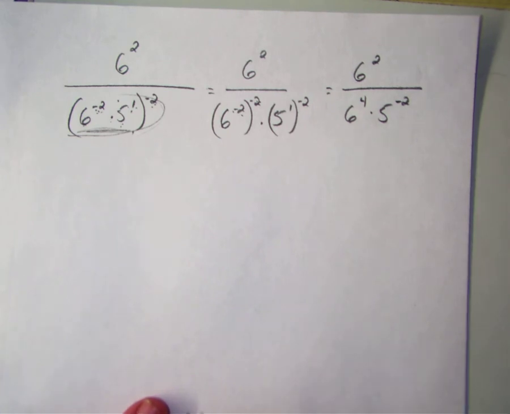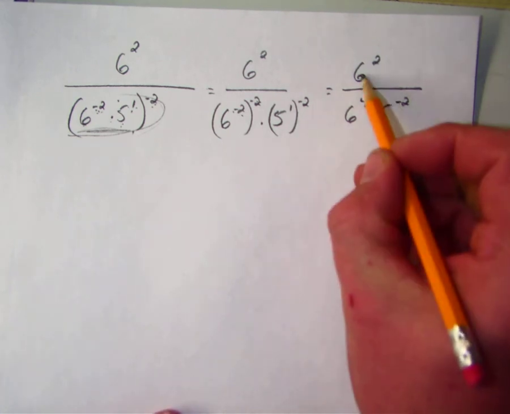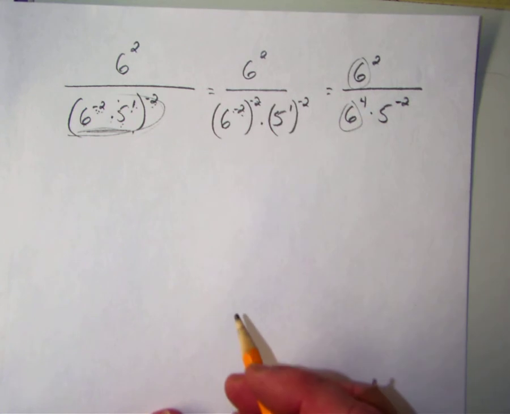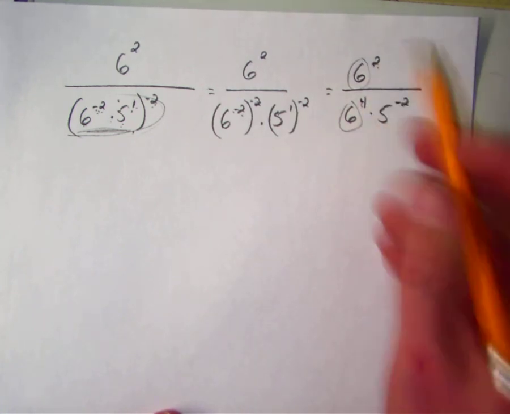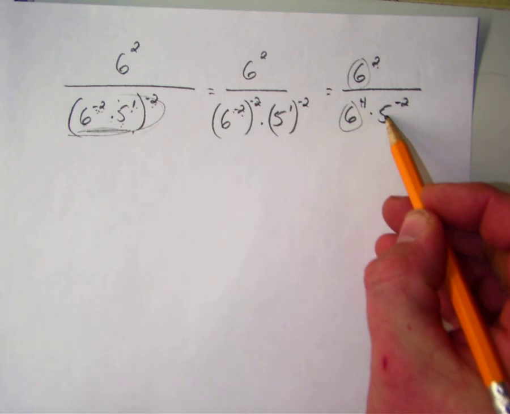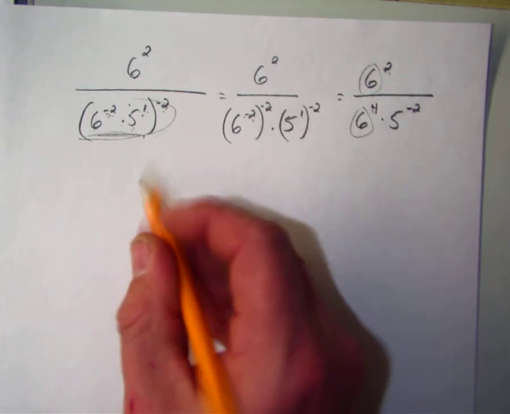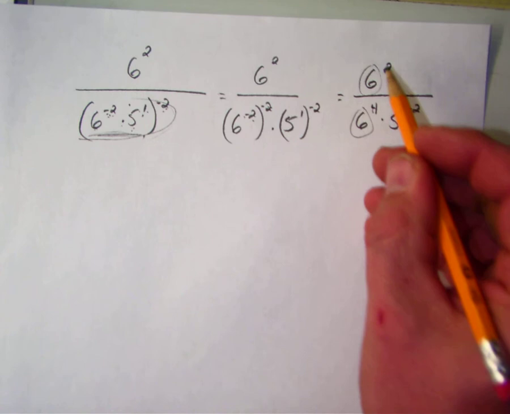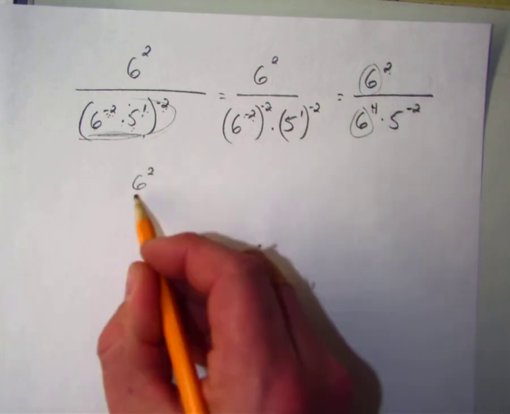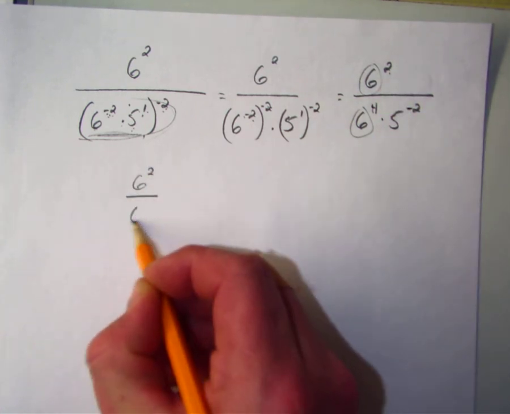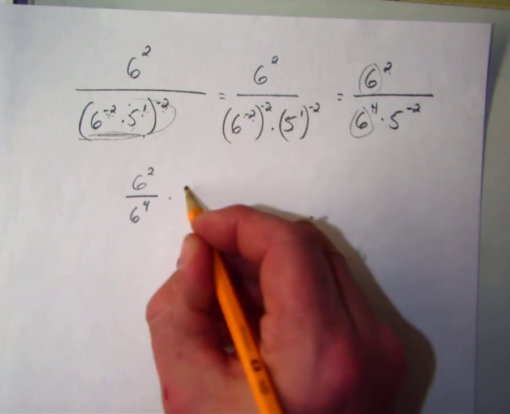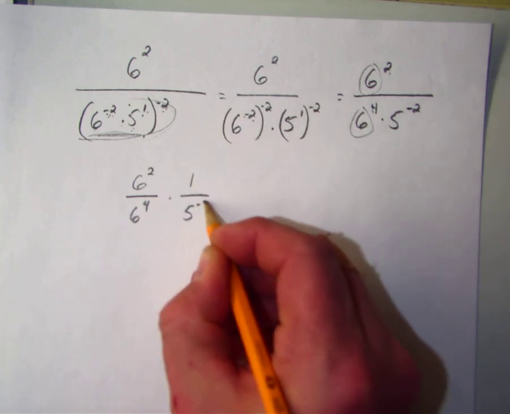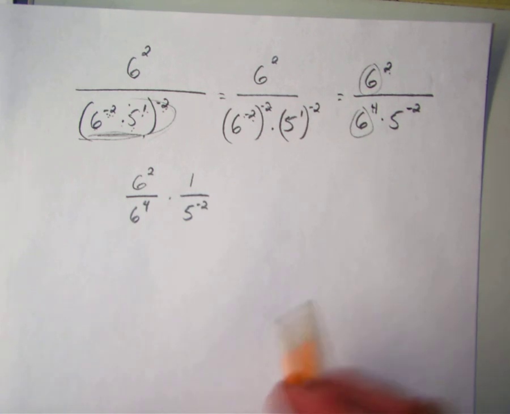Now, is there anything else I can do here? Well, I notice these two have the same bases. I'm dividing, so that means I can subtract these exponents. 5 I can't do anything with right now. So we have 6 squared divided by 6 to the 4th times 1 over 5 to the negative 2.